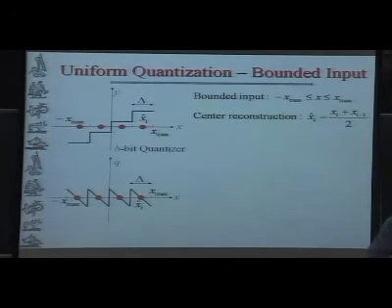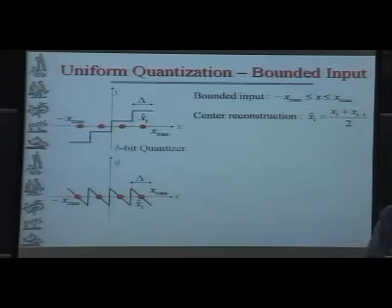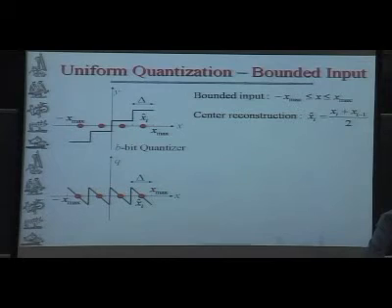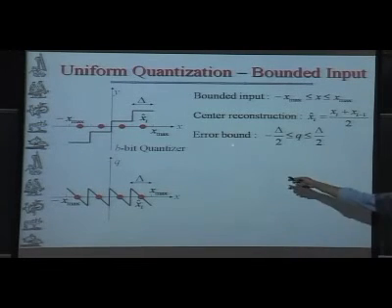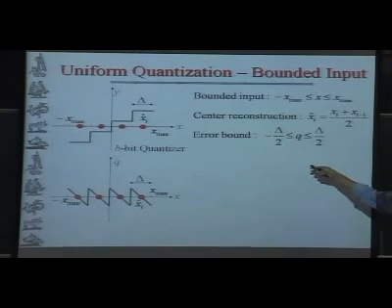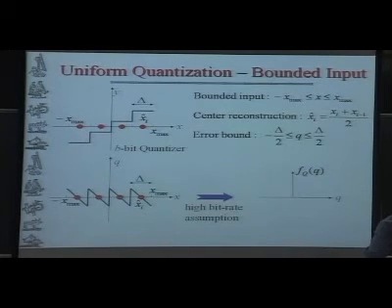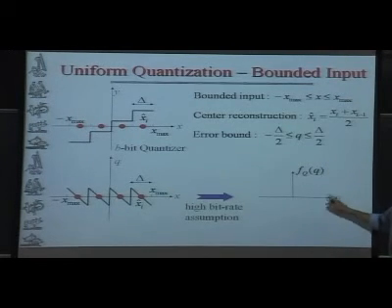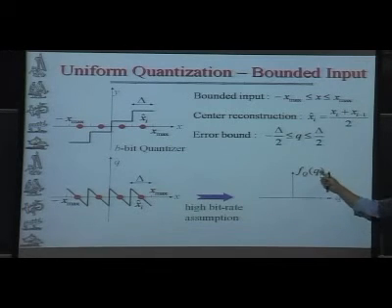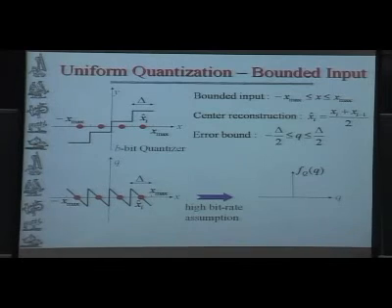Now, are we ready to do some manipulation? What is the error in this case? First of all, the error q is bounded between negative delta over 2 and delta over 2. That's obvious. And then the high bit rate assumption means that instead of working with the distribution of x, I'm going to map it into the distribution of q, and work with this plot instead.